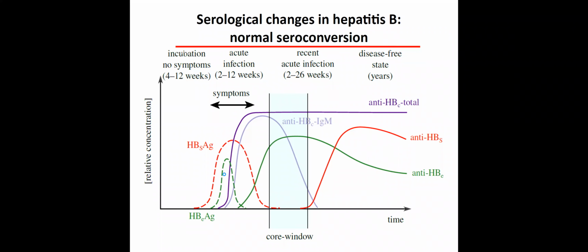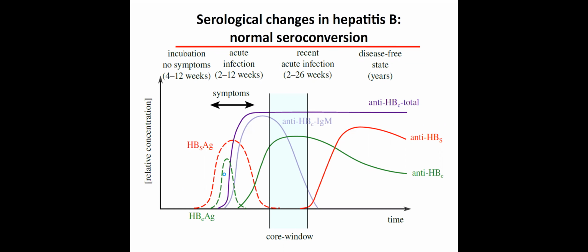After this the antigen level decreases, and later on the antibody occurs in the blood. The first one they measure is the surface antigen, what is called the Australian antigen. This is what they test, for example, in the blood before a patient gives blood for transfusion.